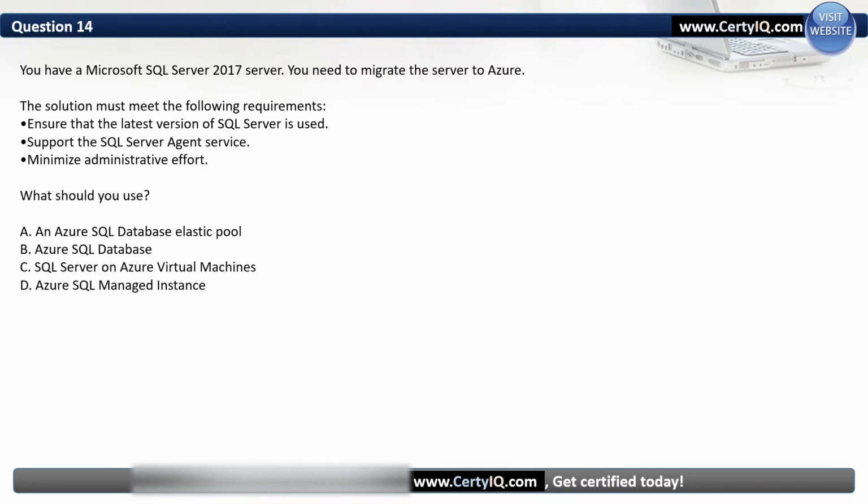Question 14. You have a Microsoft SQL Server 2017 server. You need to migrate the server to Azure. The solution must meet the following requirements. Ensure that the latest version of SQL Server is used. Support the SQL Server Agent service. Minimize administrative effort. What should you use?